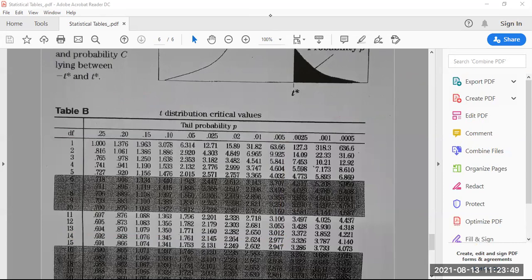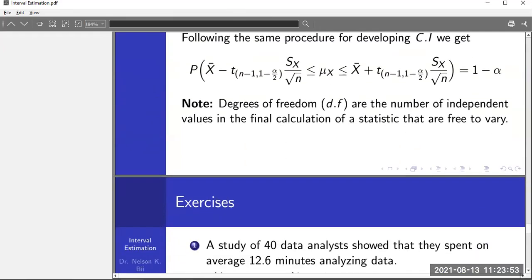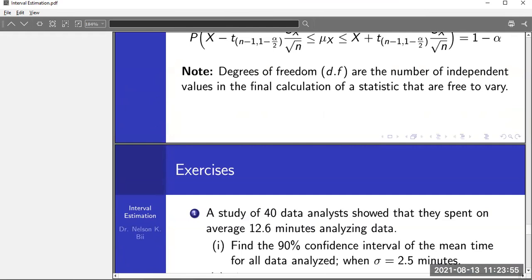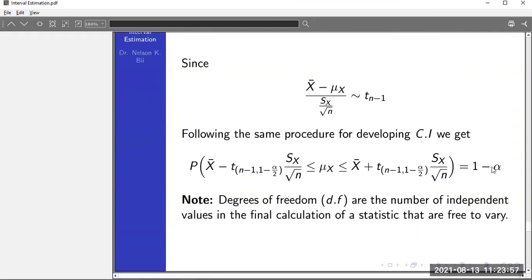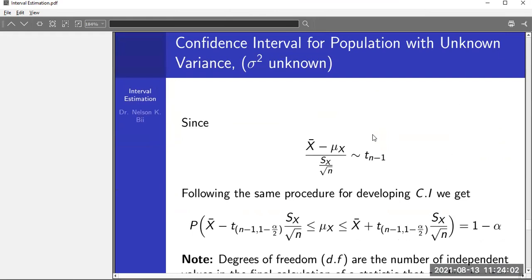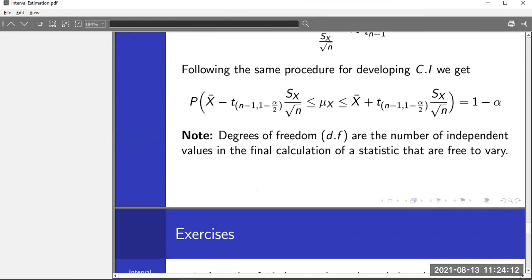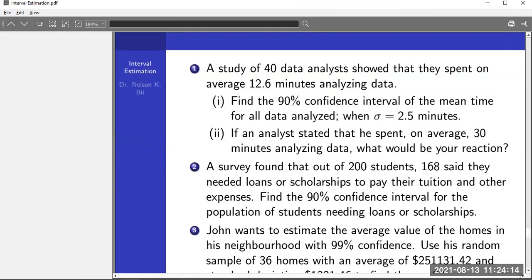What we shall do now is look at something else, what we call hypothesis testing. We shall come across a number of examples involving the use of student's t distribution, so we shall be using those tables again most of the time, in which case I believe we shall understand more.